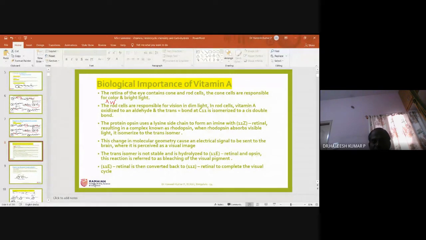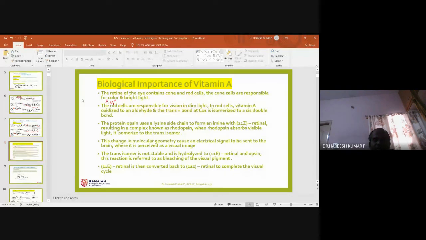This reaction is referred to as bleaching of visual pigment. Then 11E retinol is converted back to 11Z, which means 11-cis retinol, to complete the reaction.